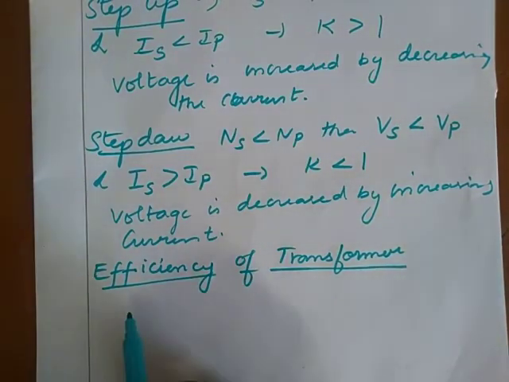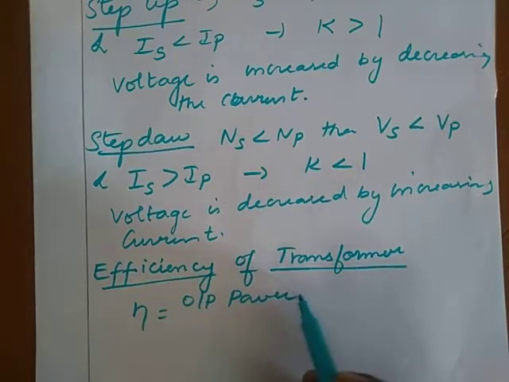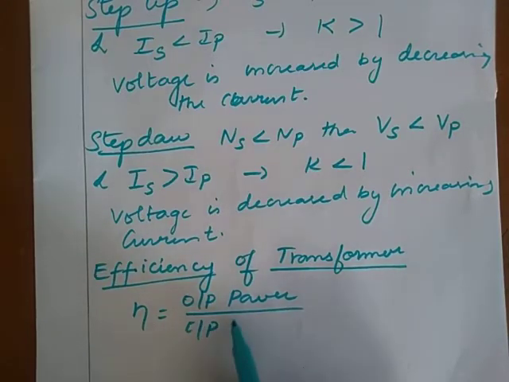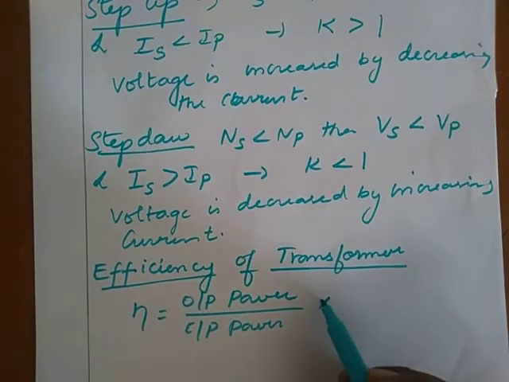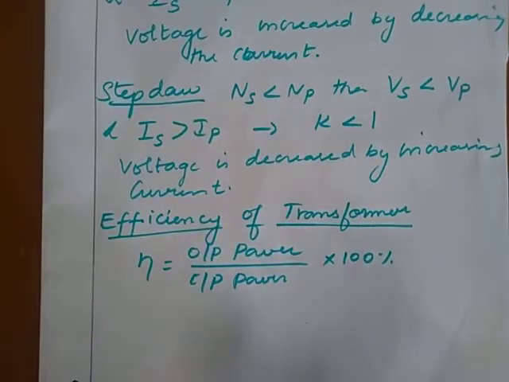Okay, efficiency is the ratio of useful output power to the applied input power into 100%. Transformer is a highly efficient device because there is no moving part in the transformer.